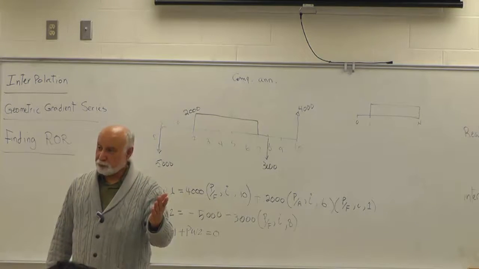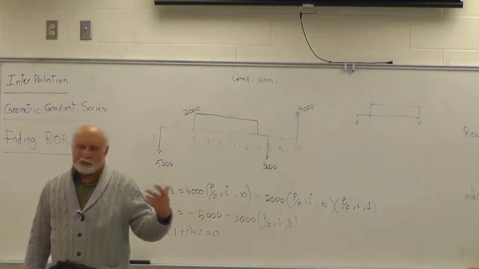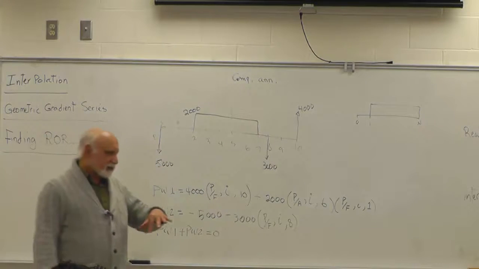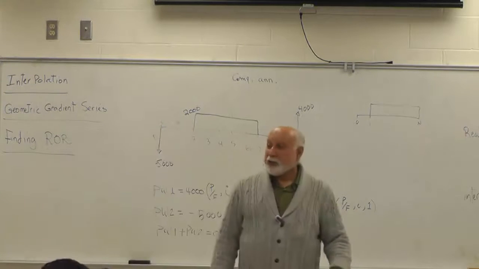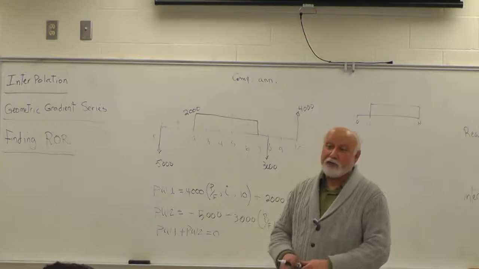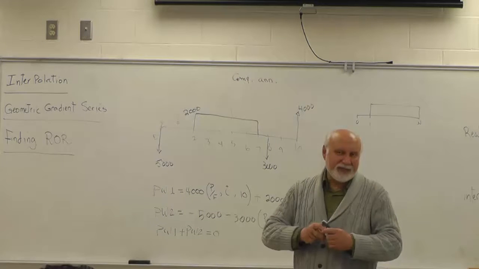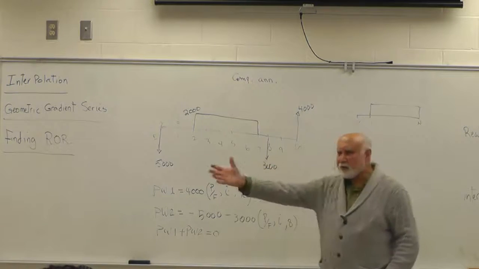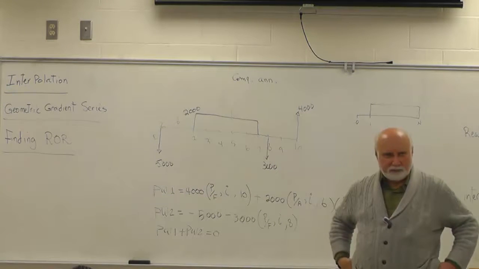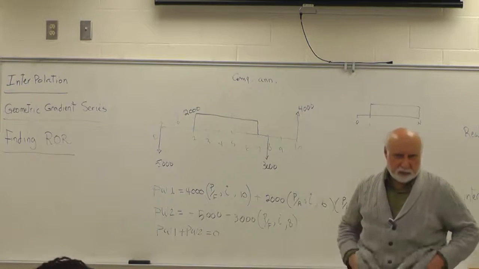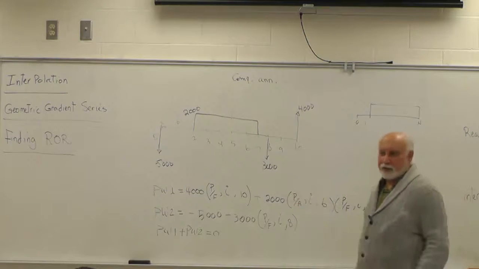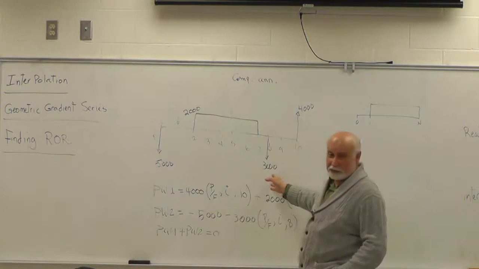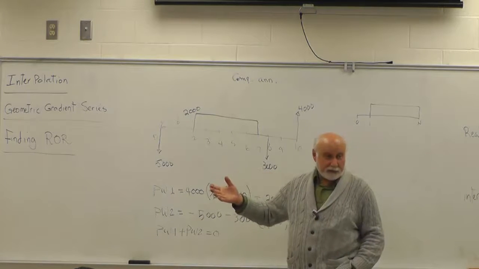You start guessing. Is it 1%? Is it 2%? Is it 5%? Is it 10%? I don't know. Start from something that makes sense. Assume that there is no rate of return. If there is no rate of return, then you can add these numbers. 5,000 plus 3,000 is 8,000.